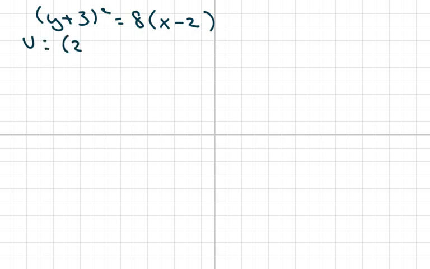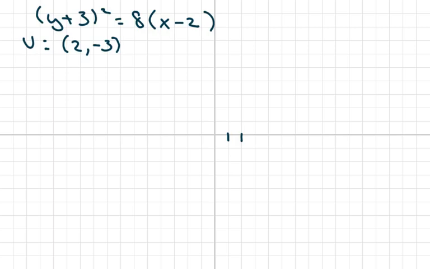Okay, the next one I have is y plus 3 squared equals 8 times x minus 2. We already got the vertex, which was 2, comma, negative 3, and we also know it opens to the right. So that's going to help us out knowing where to put the A part.